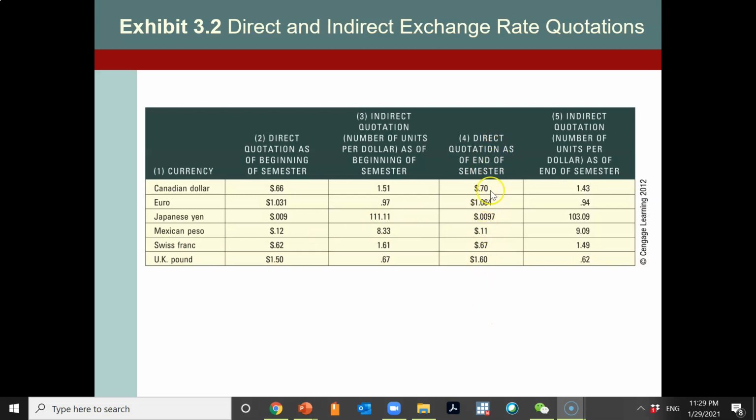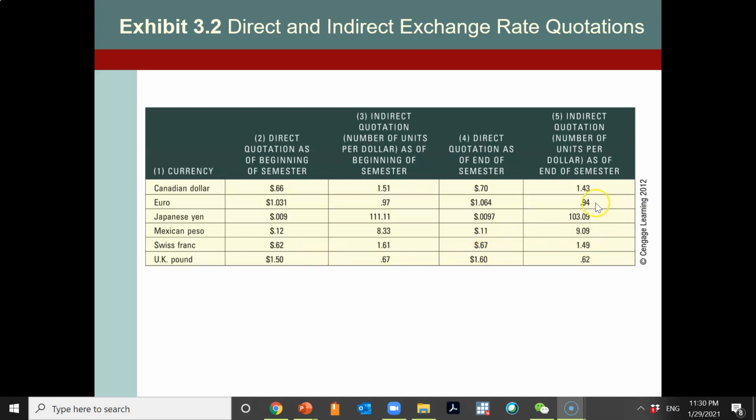You can see that as time goes by over the semester, the direct quotation increases for Canadian dollar from 0.66 to 0.7. For euro, it also increased. For Japanese yen, it increased. For Mexican peso, it decreases. For Swiss franc, it increased, and for UK pound, it increased.